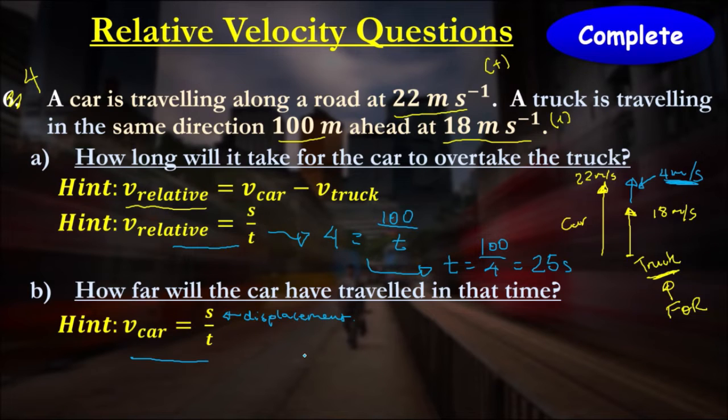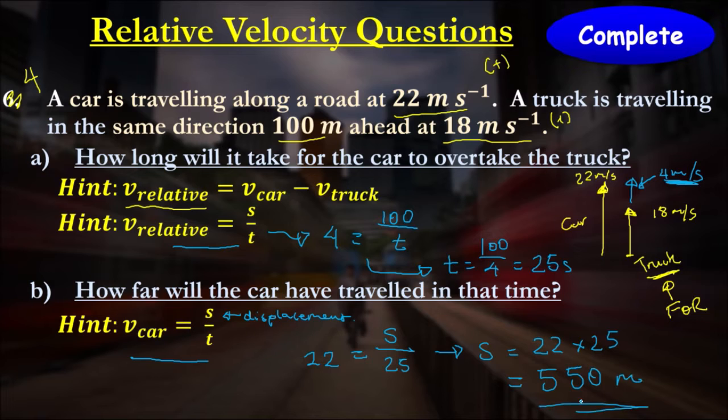Its displacement is what we want to find. The time taken is 25 seconds. So its displacement equals 22 times 25, and that's 550 meters traveled by our car in order to catch up to the truck. And that's how you do that question there.